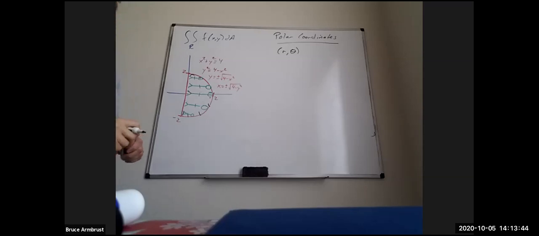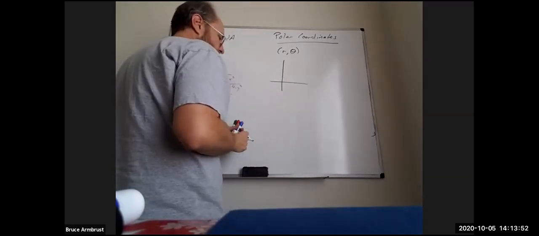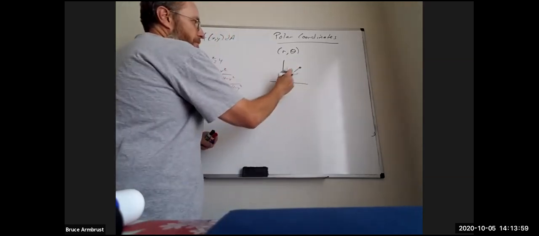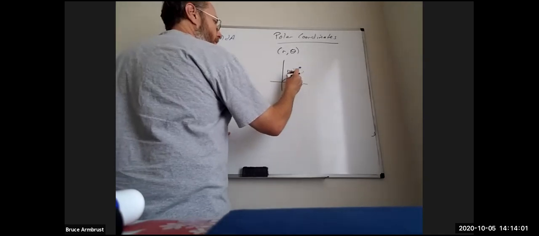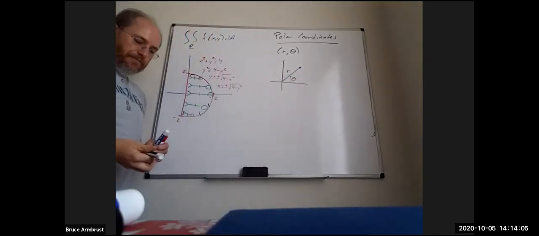So r is a distance away from the origin, and theta is the direction that we're going. So if I have a generic point out here somewhere, r is the distance from the origin to that point, and then theta is what direction we want to head.